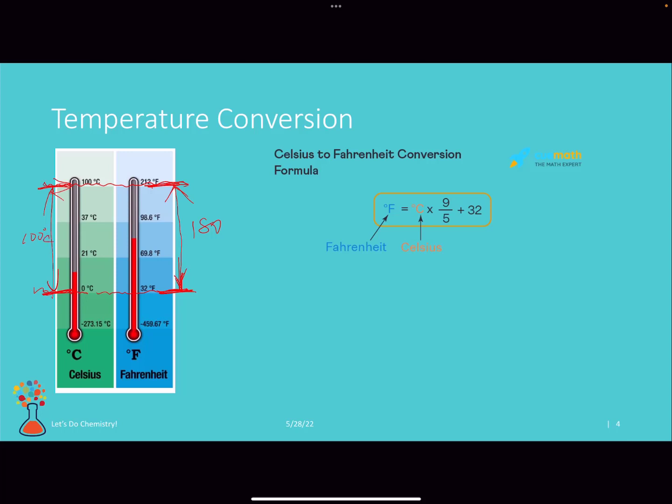Basically, right now I want to make this table with me for the change.